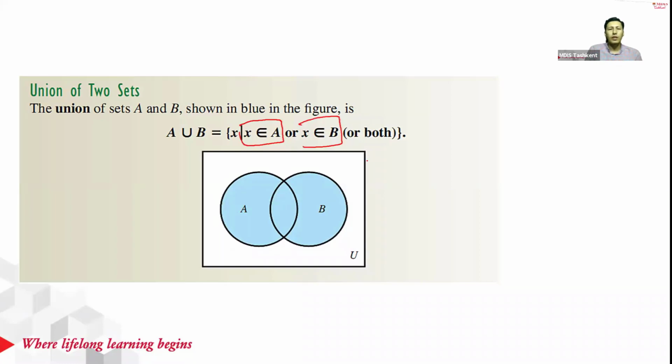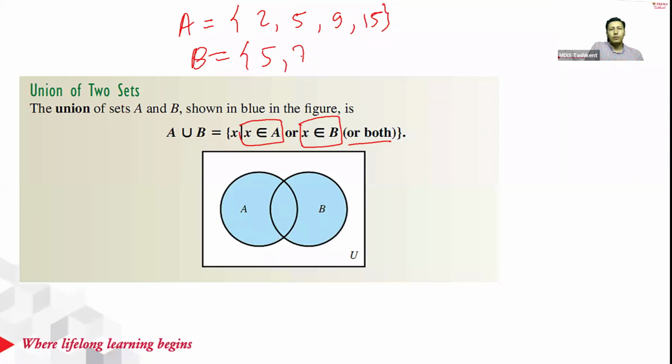So you just copy both sets without repeating same element twice. So A is 2, 5, 9, 15 and B is 5, 7, minus 3, 9, 20.